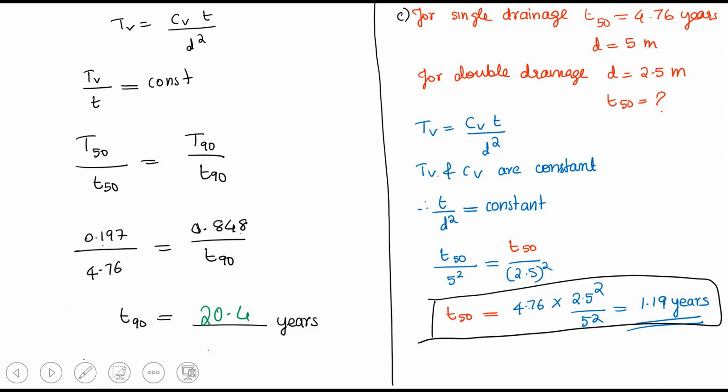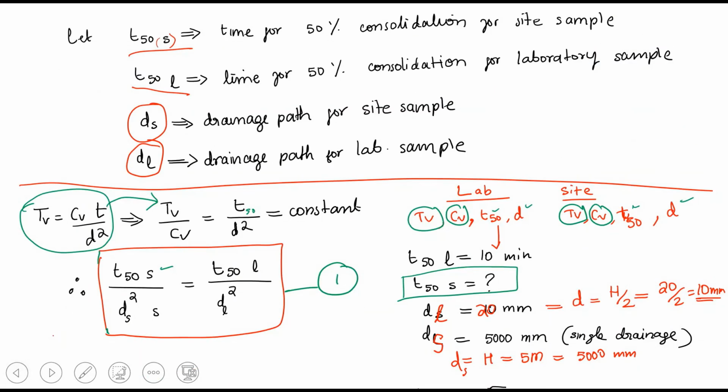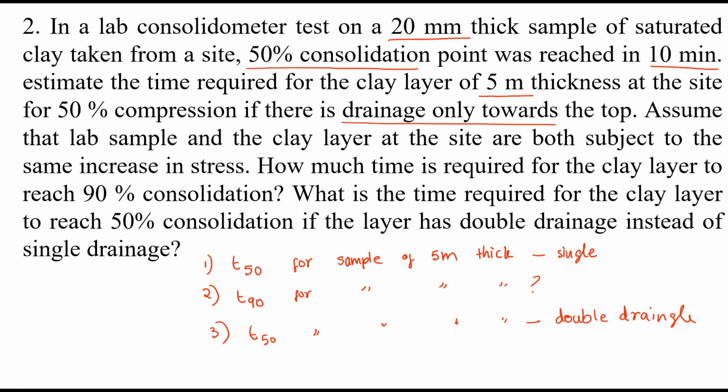And what was the third question? In the third question, we have to find the time required for the same clay layer of 5 meter thickness, but with double drainage. They want us to find the time required for the clay layer to reach 50% consolidation in a double drainage condition.